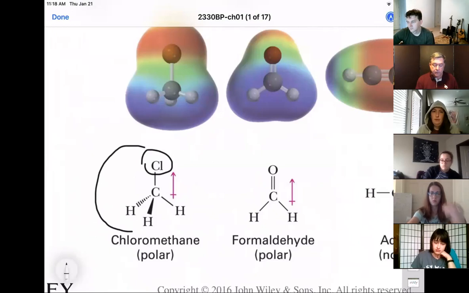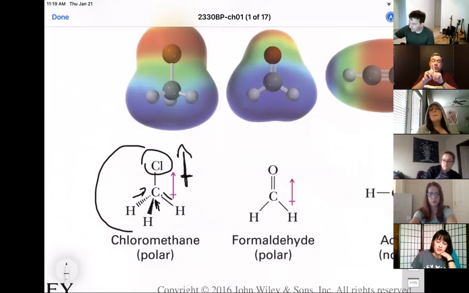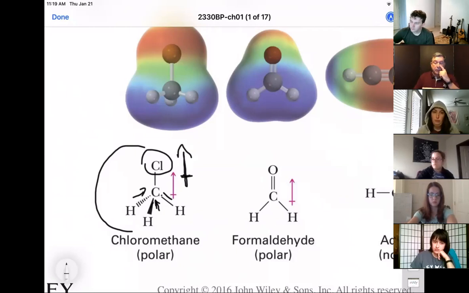So these are still slightly polar bonds here and all going in that direction, but the major component here is now the draw of the chlorine, because those hydrogens cancel out the side portions, and so all 3 hydrogens are additive up, and the chlorine carbon bond also has a net dipole in the up direction. So that means chloromethane, just replacing one hydrogen with chlorine, makes it a polar molecule.